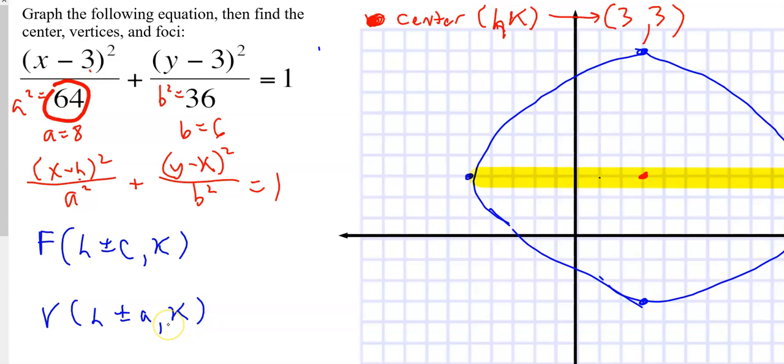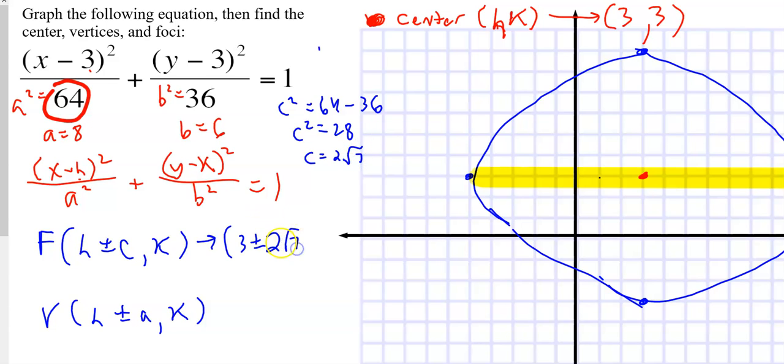So if I plug in ordered pairs, the focus point would be 3 plus or minus c. I don't know c, but I could figure it out, right? For this, c squared equals a squared minus b squared. So I think c squared equals 28. So c equals square root of 28, which is, I think, 2 root 7. Plus or minus 2 root 7, comma k, which is 3.